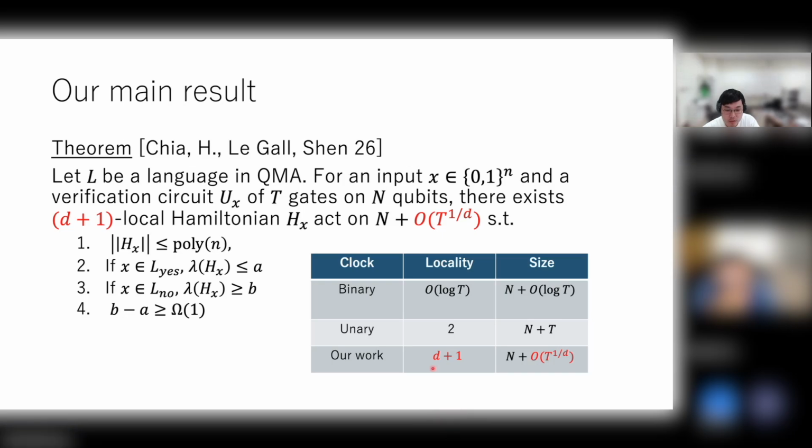When d is equal to 1, the parameter is the same as the unary construction. Our result is non-trivial when d is larger than 1. In other words, our result can be viewed as a generalization of the Kempe-Kitaev-Regev construction.